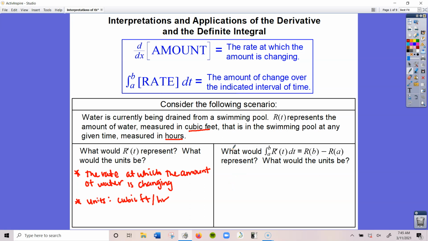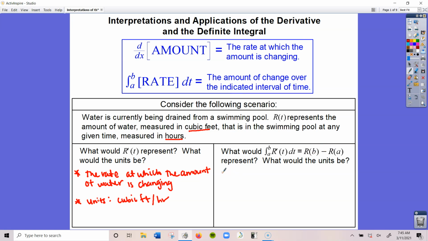Now, for this next question, it said, what would the integral from a to b of r prime of t, equal to r of b minus r of a, represent? And what would the units be? Remember, here we are integrating the derivative of r of t. And when we find that answer, that is equal to r of b minus r of a.